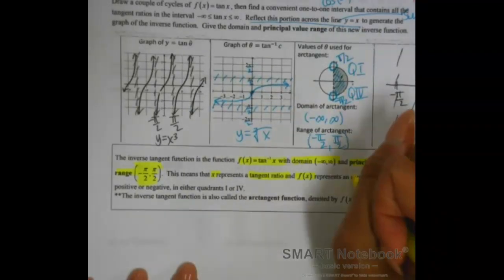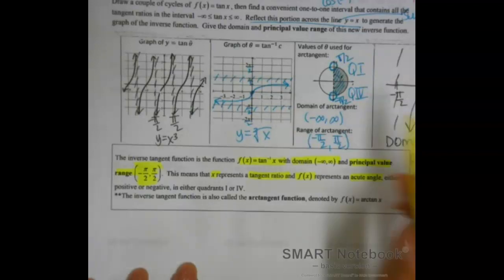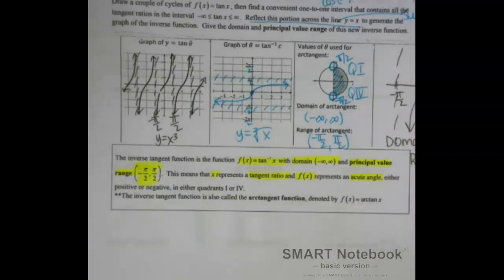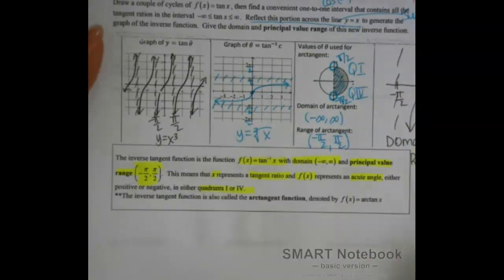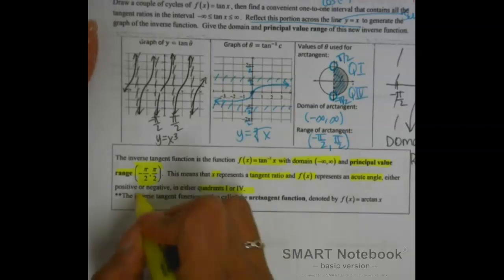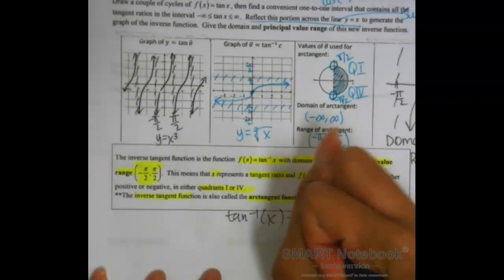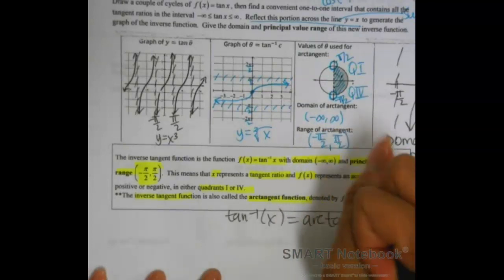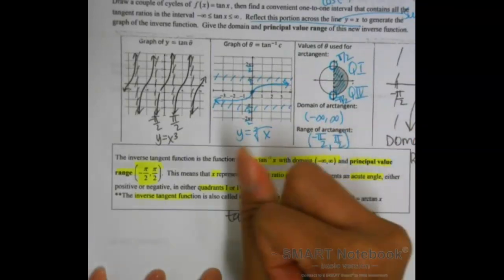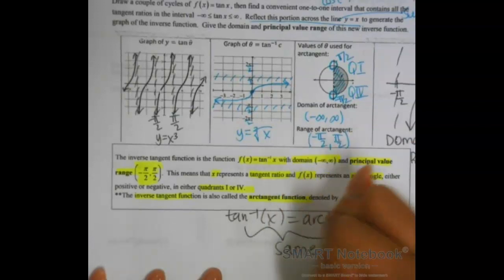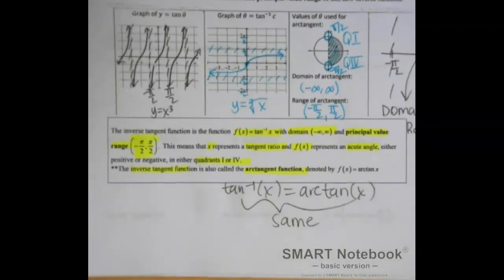F of x represents your acute angle, because technically, since it's in quadrants 1 and 4, it should only be acute angles. And again, this is in quadrants 1 and 4. Inverse tangent is the same as arctangent, guys. So when I write this out as tangent inverse of x is equal to arctangent of x, it's the exact same thing. It's not different.